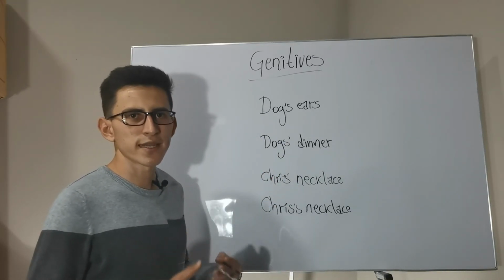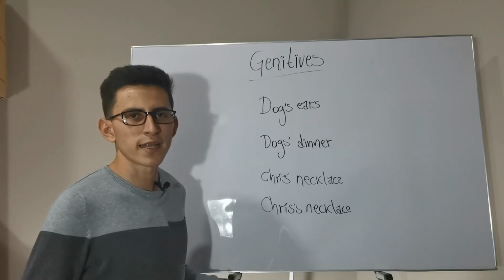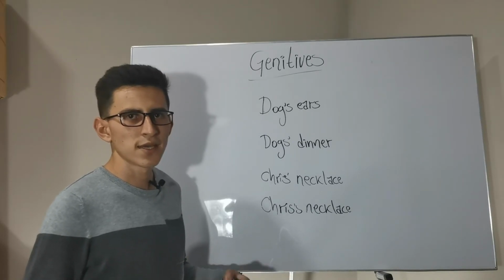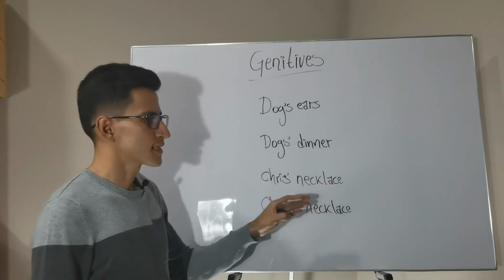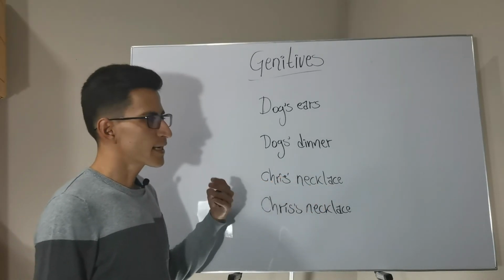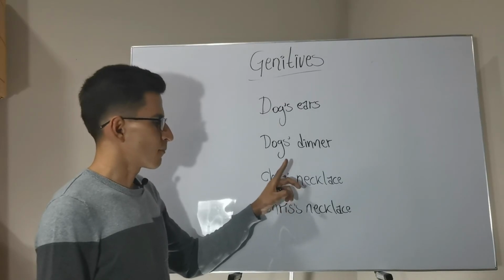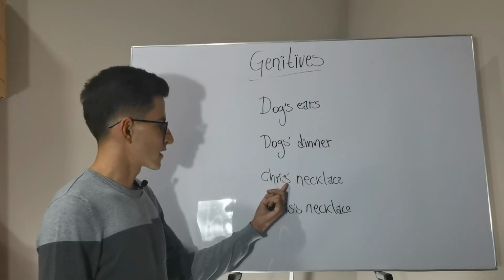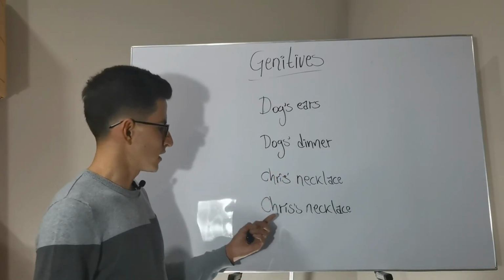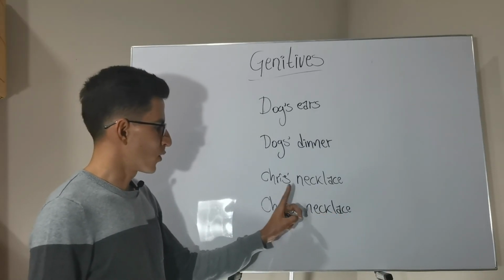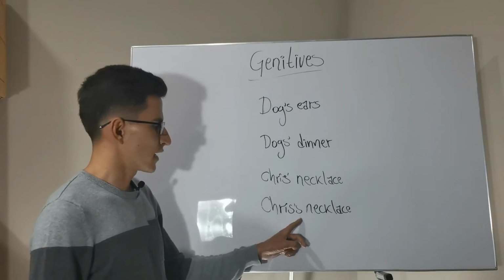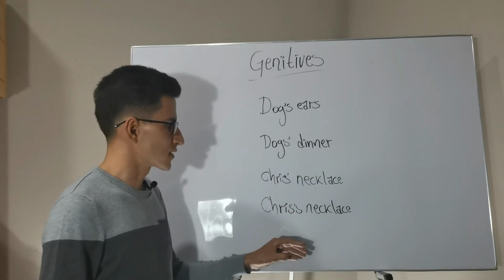And singular nouns that have a letter s at the end, we do this. Chris' necklace. We can just add the apostrophe right after the s, or we can do this. Chris's necklace, where we add the apostrophe after the s and we add another s.